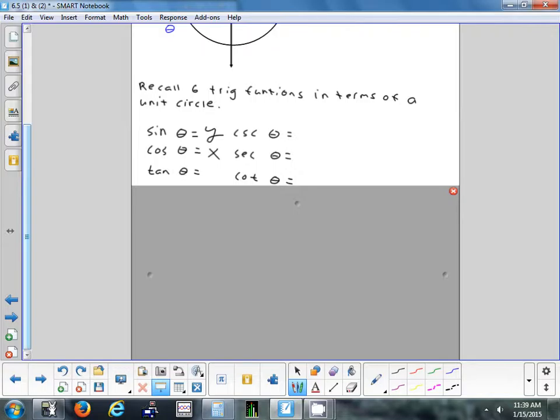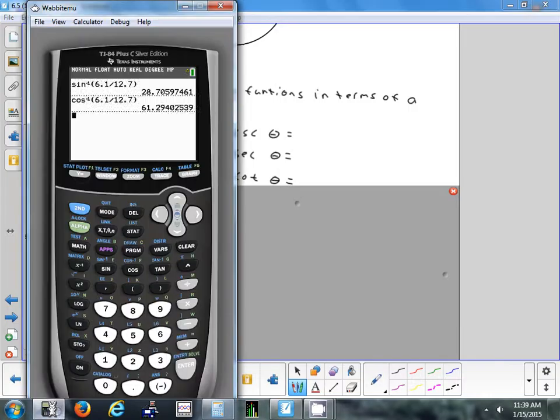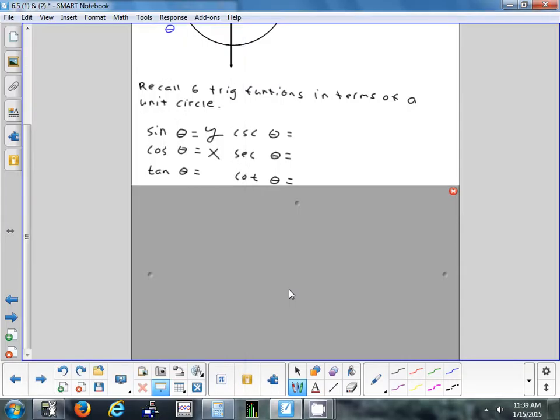Instead of thinking of x's and y's, if on a test I said, tell me how to rewrite cotangent, but you can't use 1 over tangent, what's one other way you can do it? Cosine over sine. Yeah, cosine over sine, or, as you said, x over y.